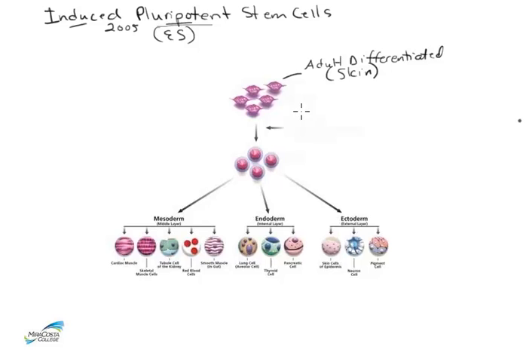And then what you would do is essentially turn back the clock, and you would use genetic tricks to express that set of transcription factors that's normally expressed in embryonic stem cells.